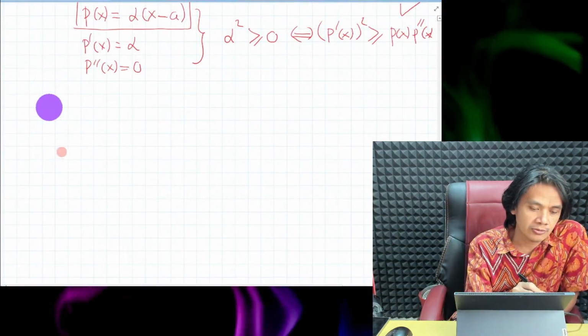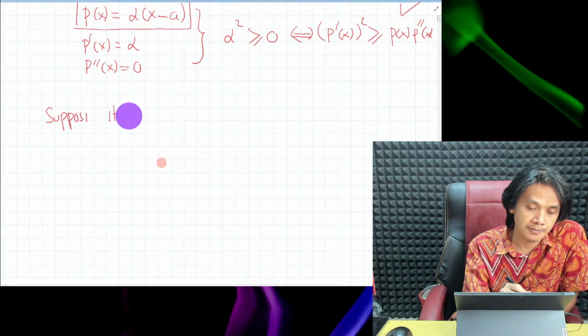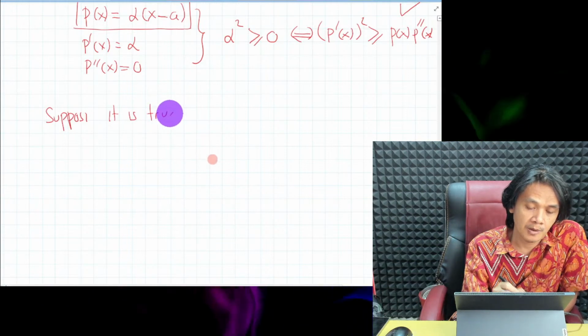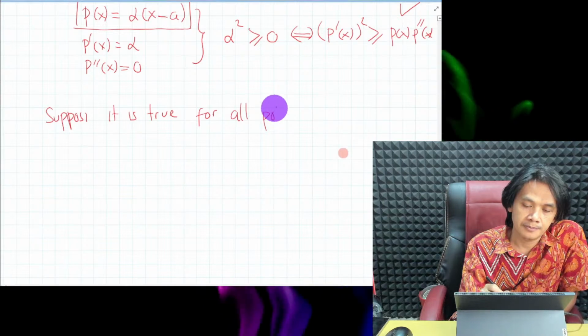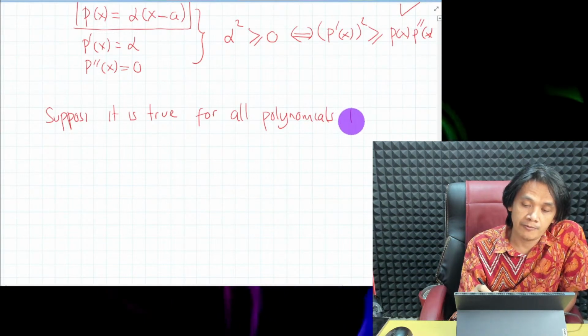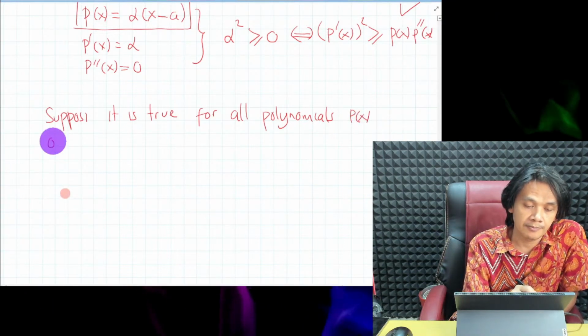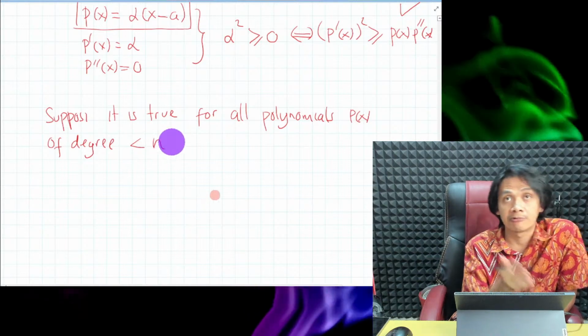Okay, so suppose it is true for all polynomials p of x of degree less than n, right?